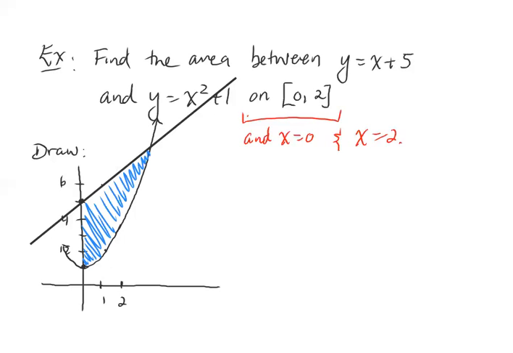The area between these two curves and between, oops, I drew too much region, didn't I? There we go. Between x equals 0 and x equals 2. That's the region in question.